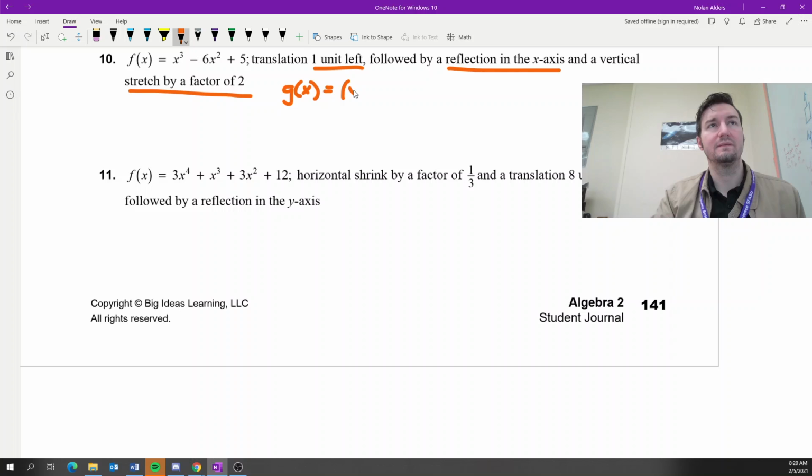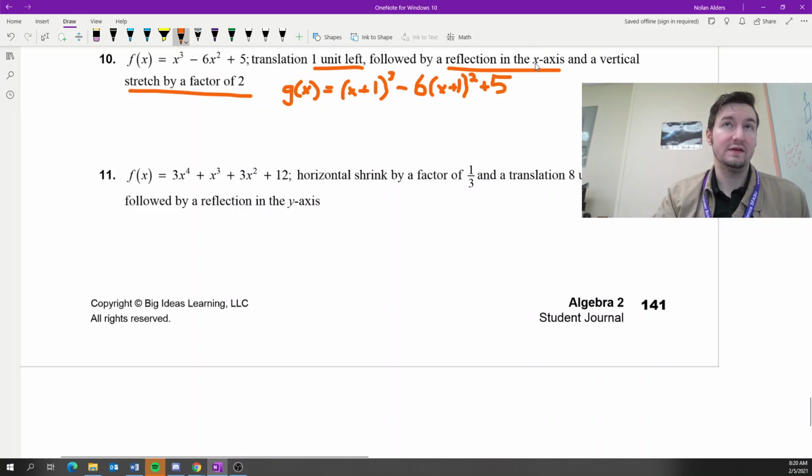So x plus 1 cubed minus 6 x plus 1 squared plus 5. Okay. So notice we did the plus 1 on both of the x's.